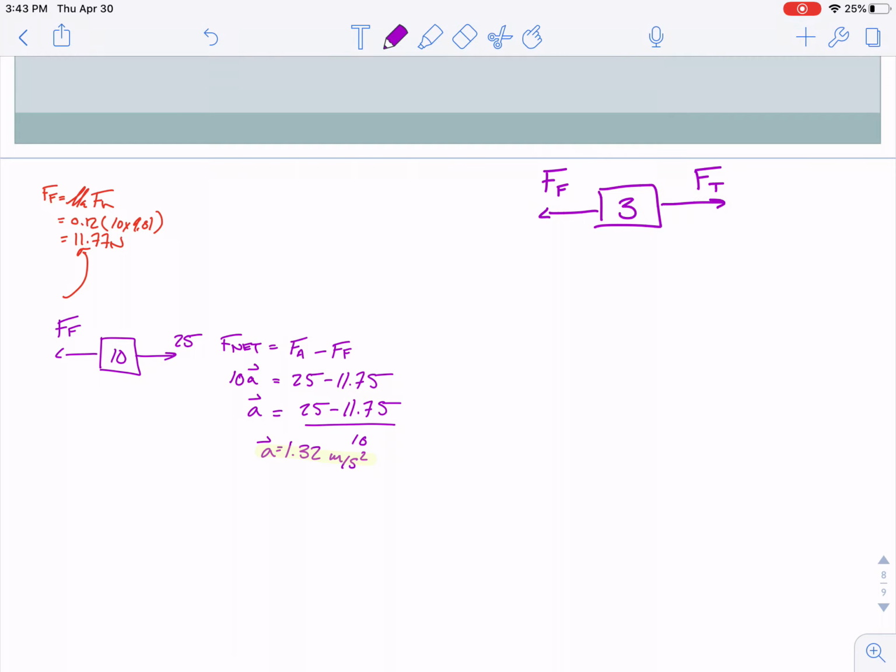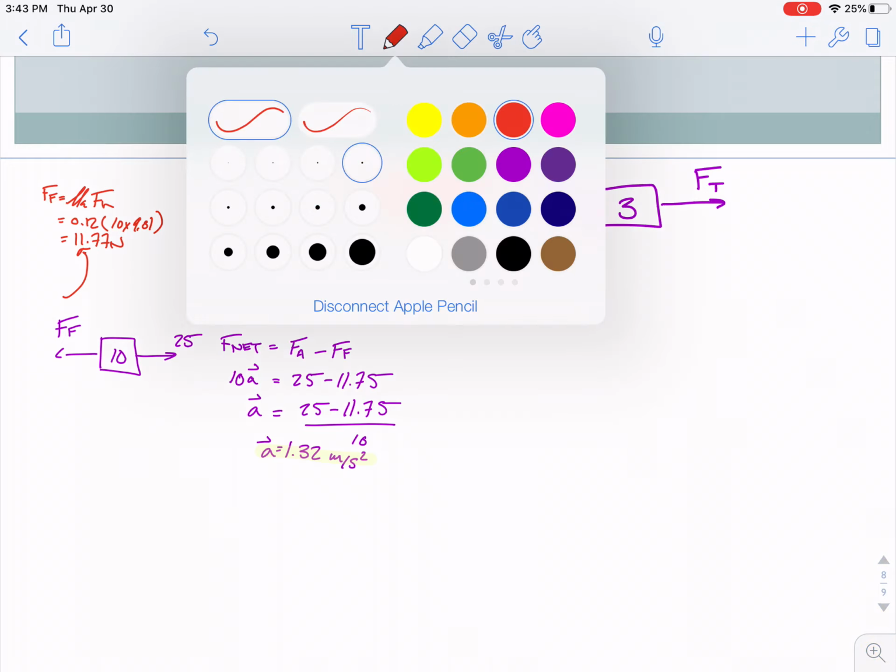So we're going to have to redo that calculation, where force of friction is just going to equal 0.12 times 3 times 9.81, which is the normal force. And so in that case, that gives us 3.53 newtons of frictional force.